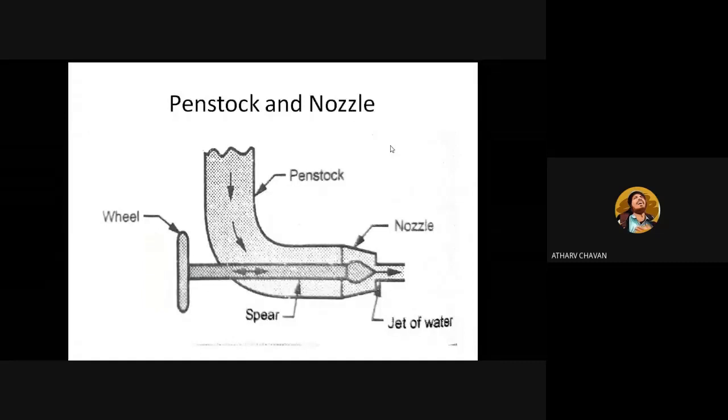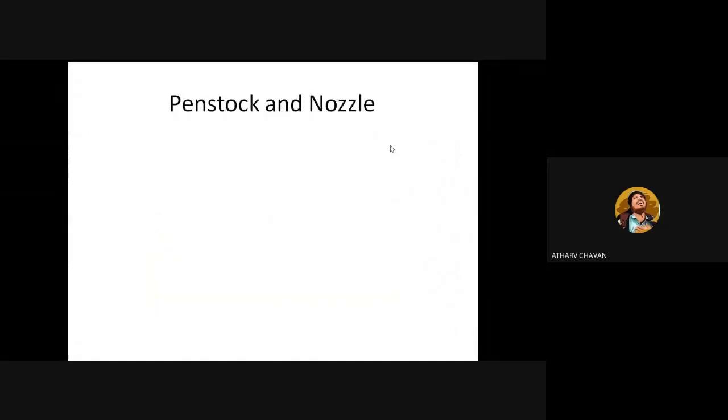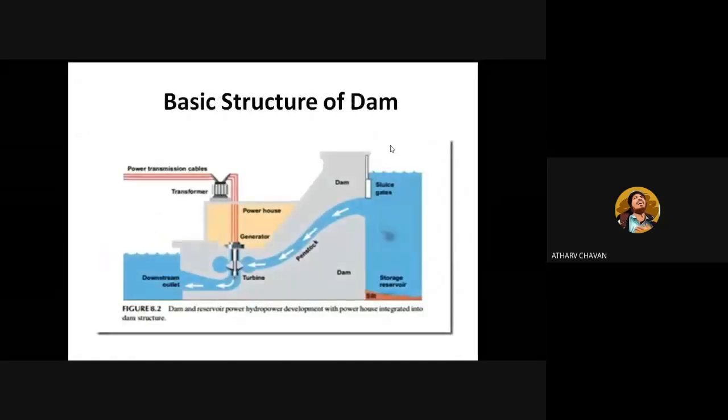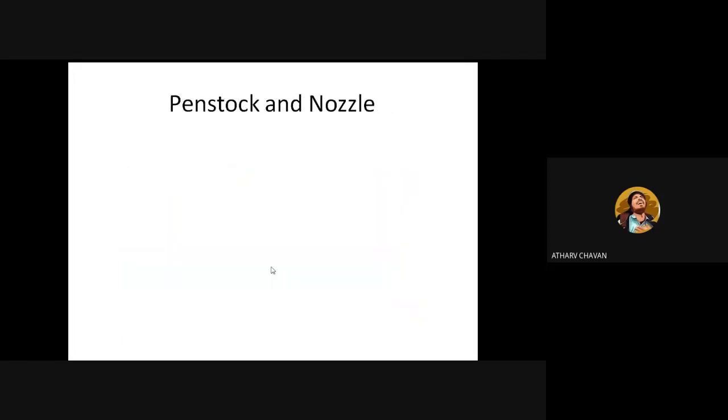So basically, at the top of the dam, there's totally potential energy because of the height of the water. And when the water is running through the penstock, the potential energy gets converted into kinetic energy. So this is the basic structure of the dam.